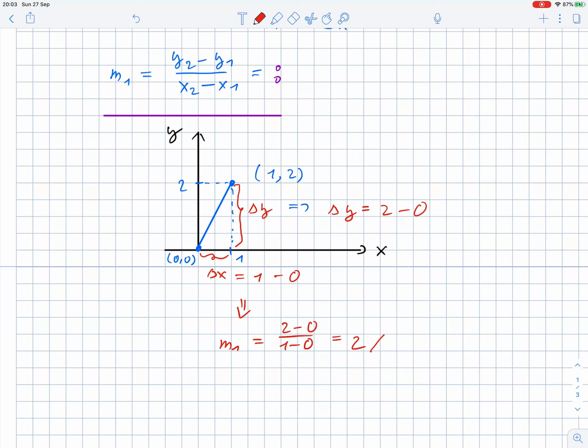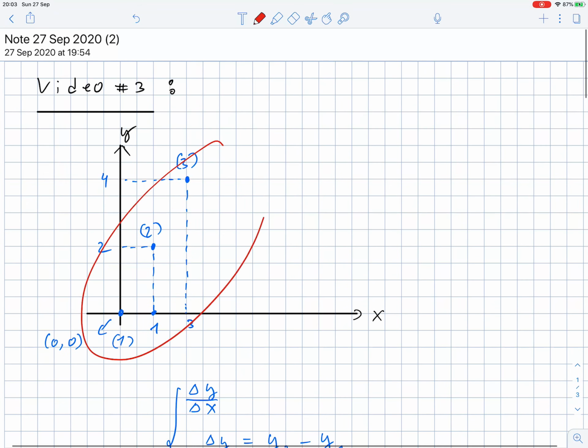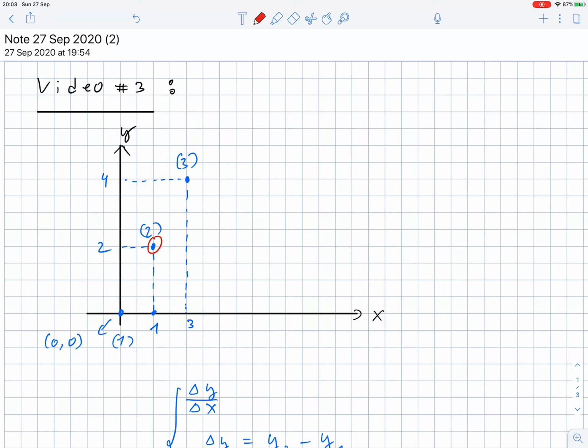Let's take different coordinates for our next example. This time I'll take those 2 points, where the first coordinate is 1 and 2, and the second coordinate is 3 and 4.